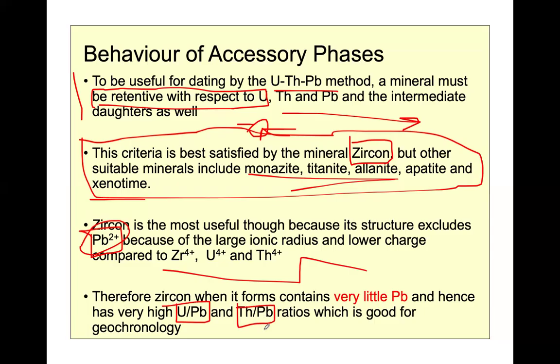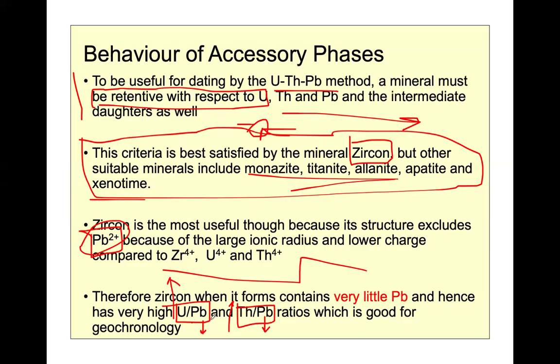You have a tiny amount of lead, but a high amount of thorium. A tiny amount of lead, because lead is rejected from the structure. But uranium and thorium are accepted by the structure, so you will have a high amount of uranium. So overall ratio, what will happen?